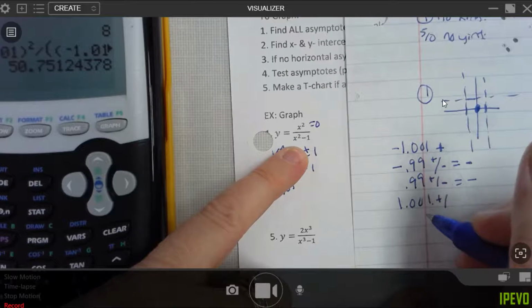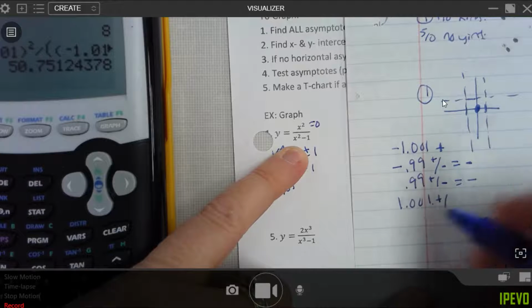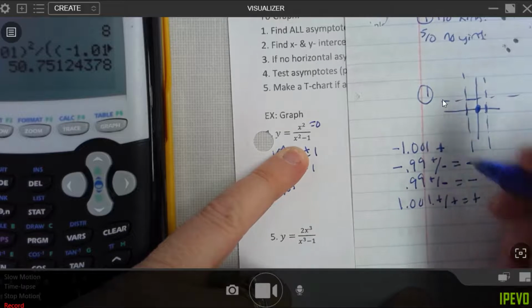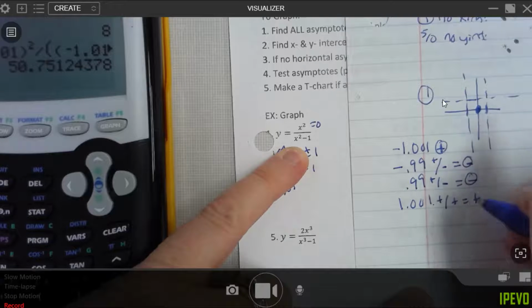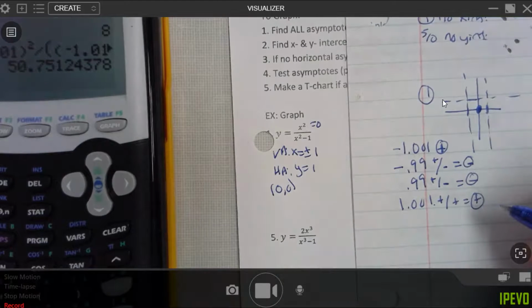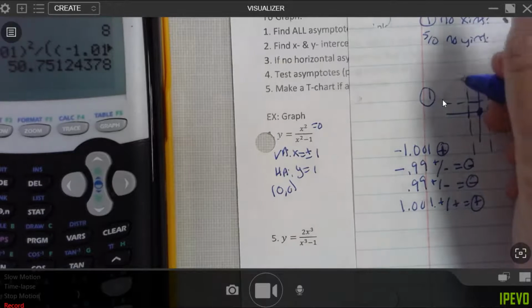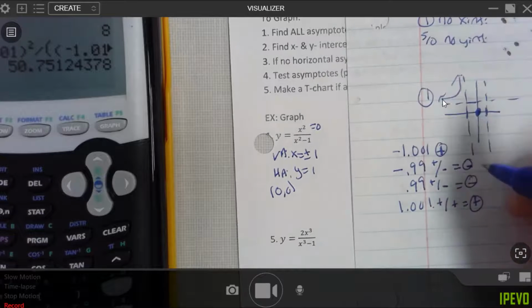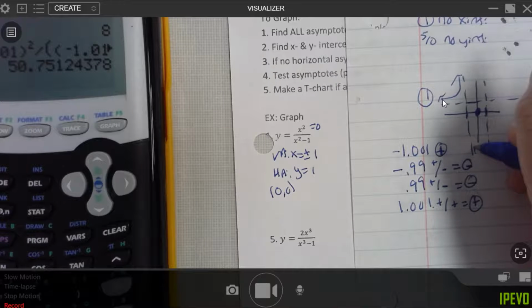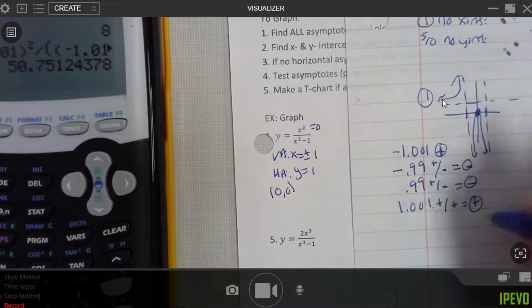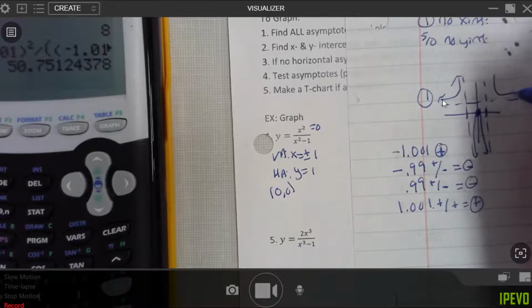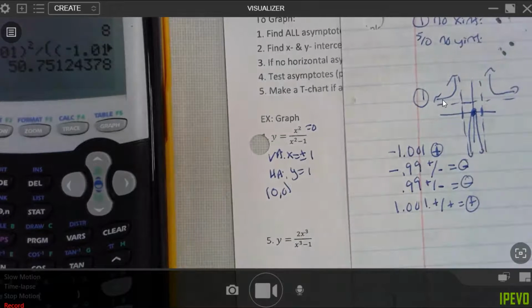A number bigger than 1 squared minus 1 would still be positive. So then that's a positive. So I have a plus, minus, minus, plus. What this means now is the direction that you're pointing. So on this side, I need to point to positive infinity. That's why it's pointing up. In the middle, they both point to negative infinity. And to the right, I'm going to point to positive infinity. So it goes up there. Okay.